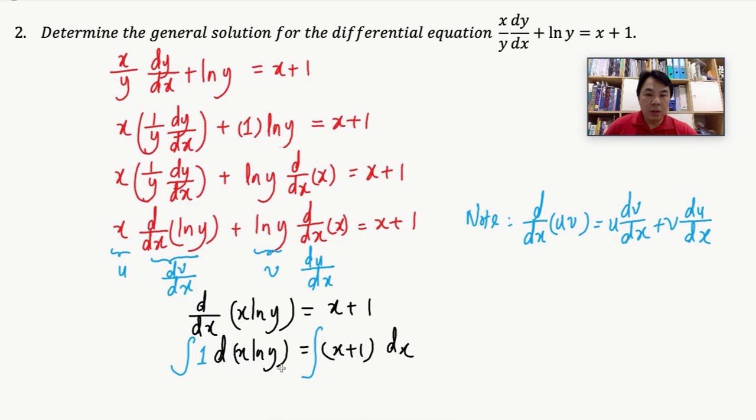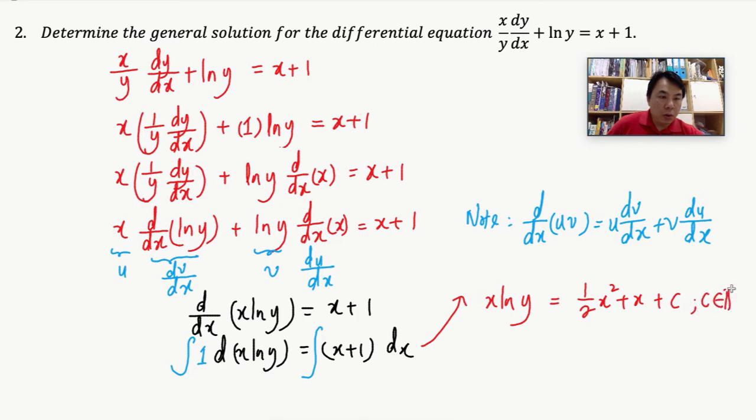Now, by solving these integrations, that would yield x ln y equal to a half x squared plus x plus c, where I will make an assertion here that c is any real number, just for reference.